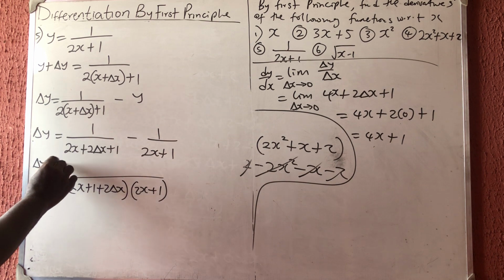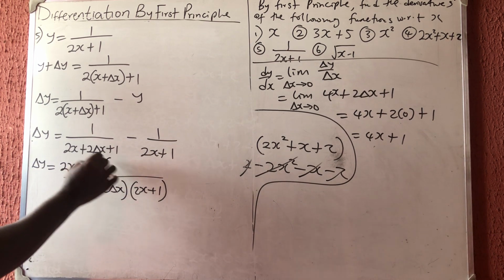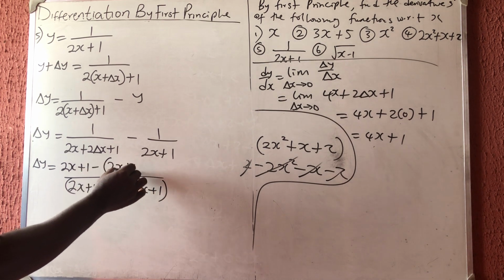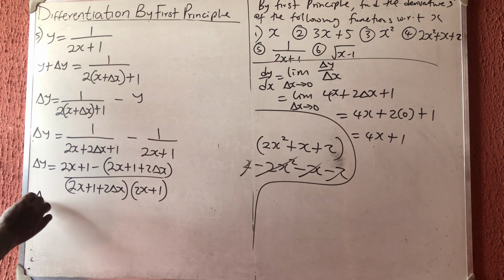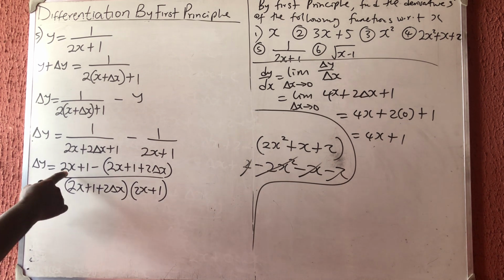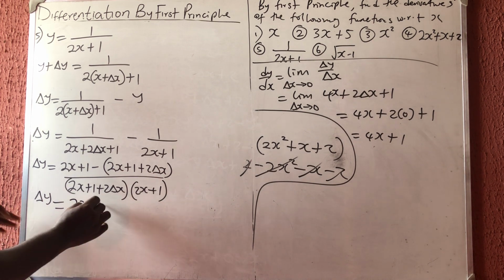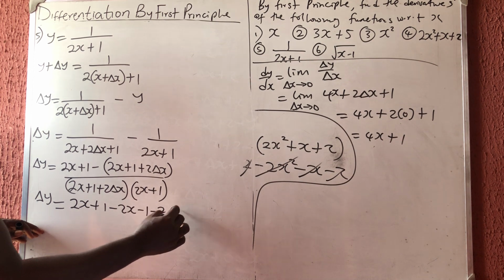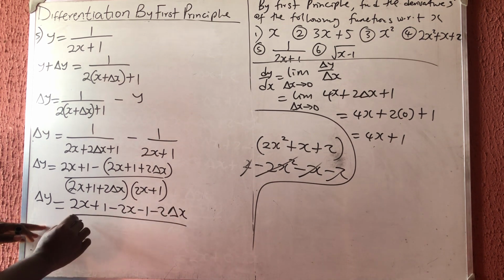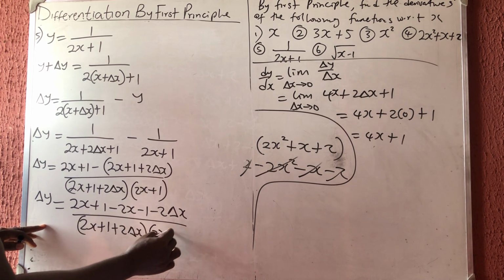This time this, I'm going to have 2x plus 1 minus, in bracket, 2x plus 1 plus 2 change in x. Okay, so this is now that change in y is equal to 2x plus 1 minus 2x minus 1 minus 2 change in x, all over 2x plus 1 plus 2 change in x, then into 2x plus 1.